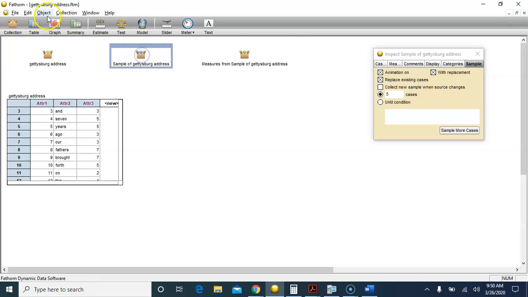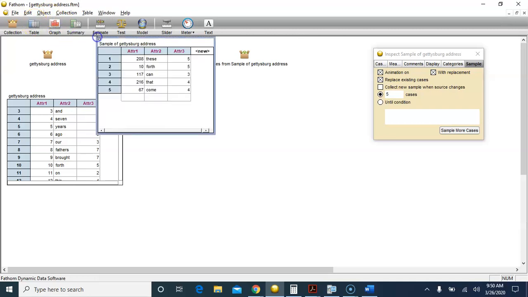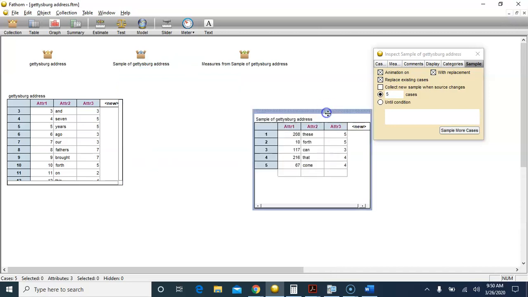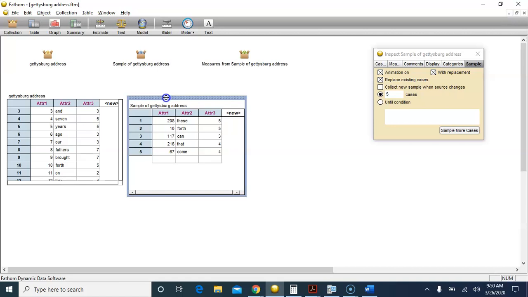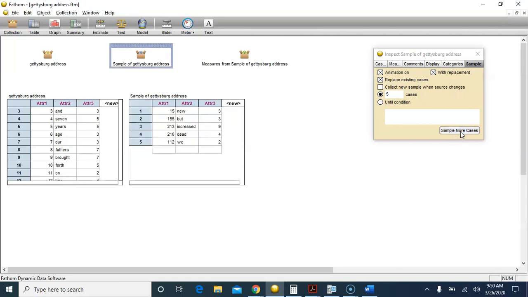And to see what that would look like, I'm going to bring a table over here. So here's 5 words at random from the Gettysburg Address. And there's a different 5 words and a different 5 words and so on. So this is simulating picking 5 words at random from the Gettysburg Address.